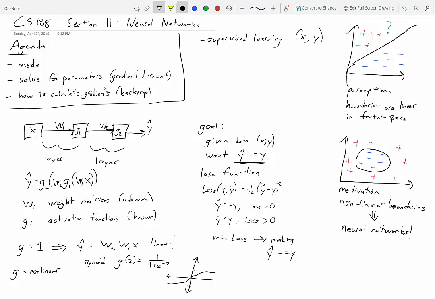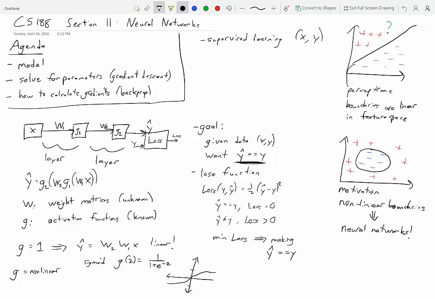So I can actually add this into my block diagram. We have this output y hat, and it goes into a loss block. And it's also going to take in the true label y, and it outputs the loss. So this is the neural network model. It goes from x to y hat.